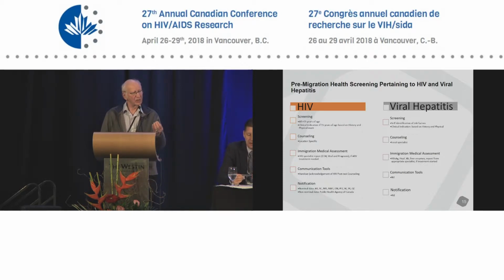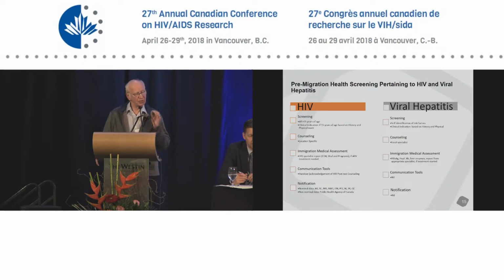The whole purpose of this notification process is to provide a continuum of care, because virtually all clients who were discovered to be HIV positive are referred to a specialist locally, and with very few exceptions, they're all started on treatment. So what we want is for them to be able to arrive in Canada and continue with their treatment uninterrupted.